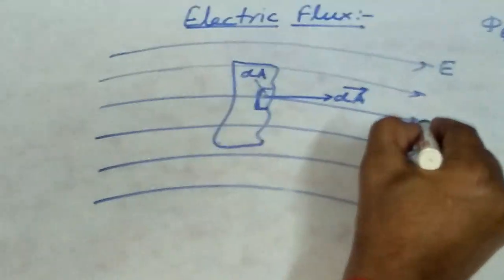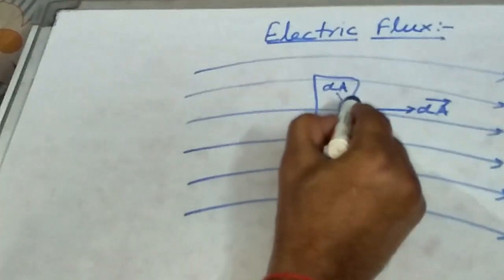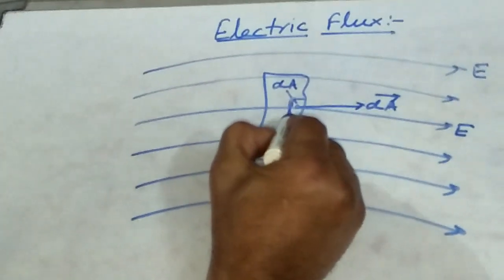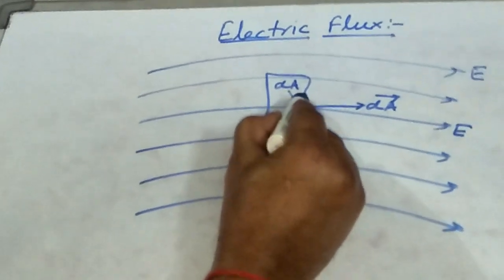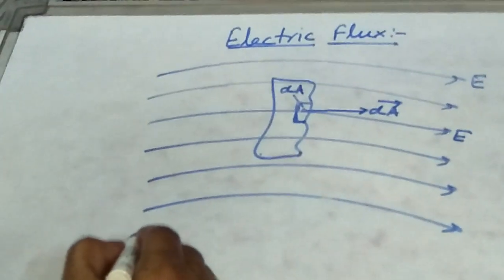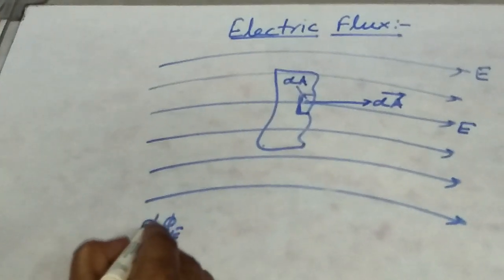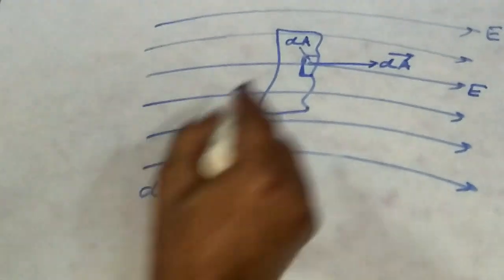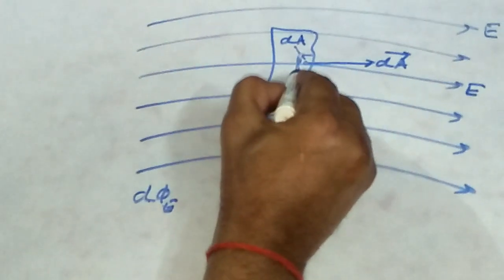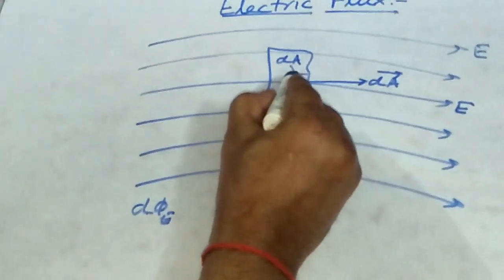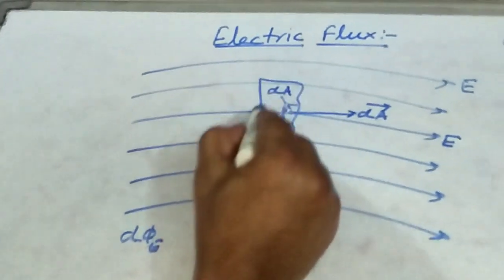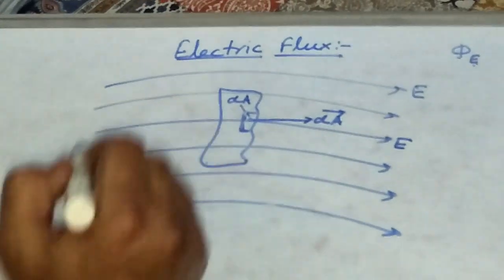And suppose this one is electric field E, then the electric flux passing through this small area element dA is denoted by d phi E. d phi E means a small electric flux passing through this small area element, and that area element is taken on the surface which is held in this electric field.